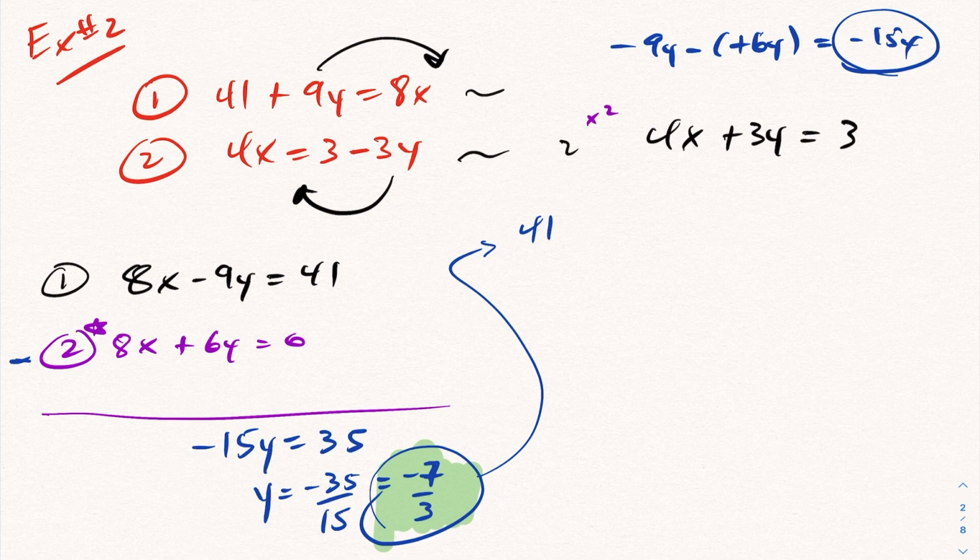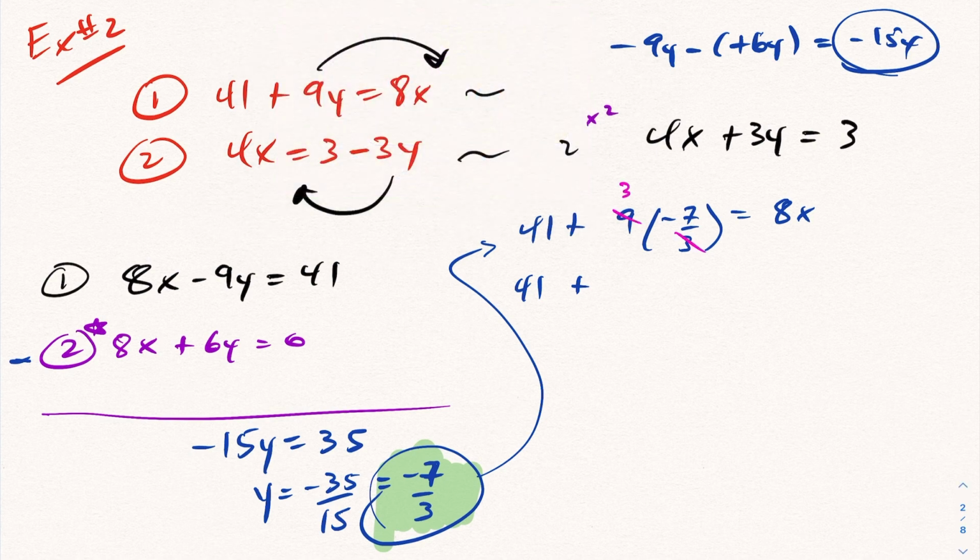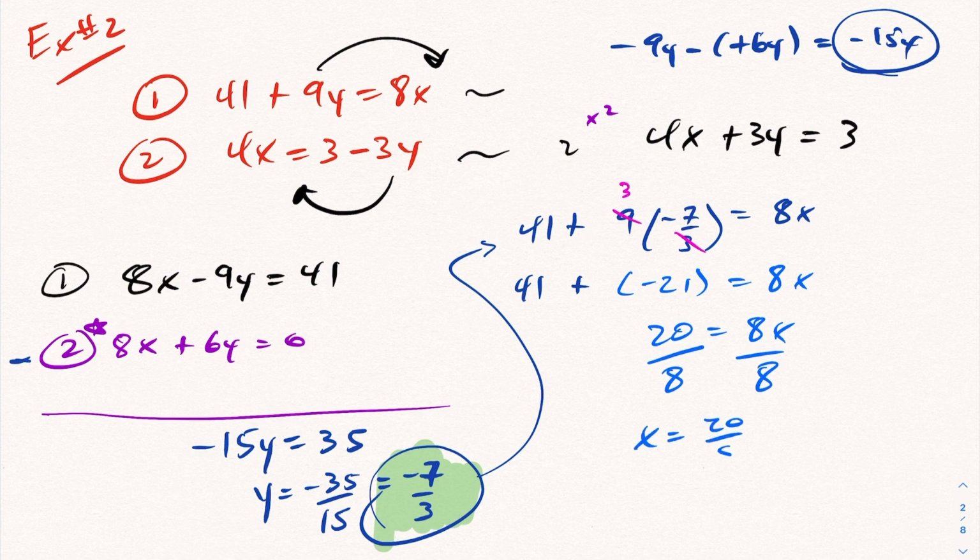So we're going to get 41 plus 9 times negative 7 over 3 equals 8x. So it'll be 41 plus, that'll reduce to become a 3, so this will end up being a negative 21 is 8x, and this becomes 20 is 8x, divide across by 8, and you end up getting 20 over 8, which reduces, I can divide top and bottom by 4, and we get 5/2 for the second point.